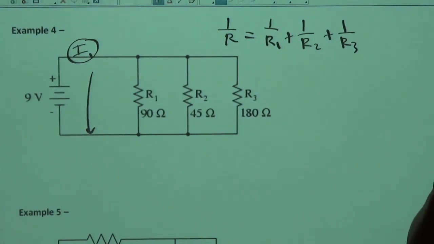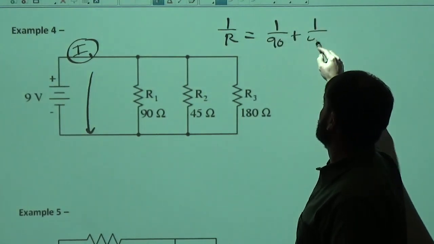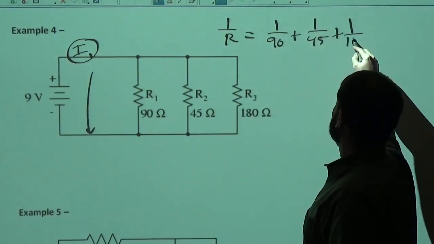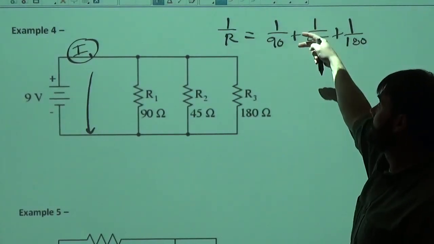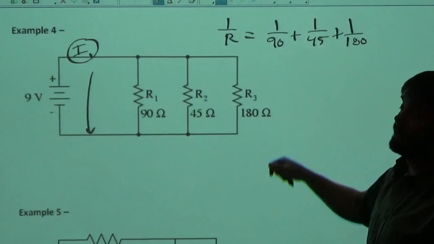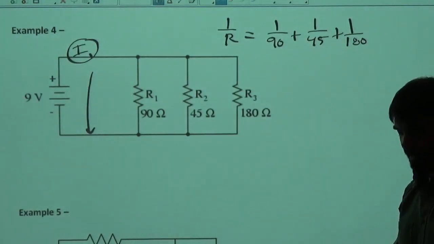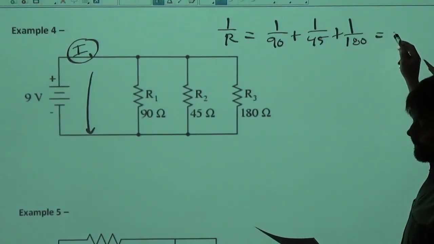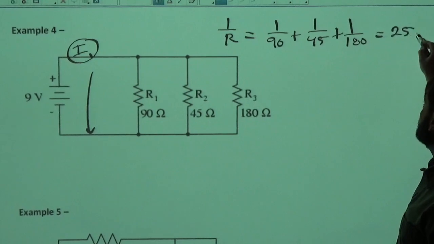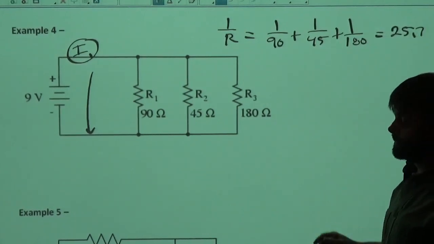The way this works is I'm going to have something that looks like this: 1 over 90 plus 1 over 45 plus 1 over 180 is going to give me a certain value. Once I get that value, it needs to be inverted. I need to do 1 divided by that value to actually get the overall resistance. If I do that, this tells me that the overall resistance is 25.7 ohms. So that's the resistance total.